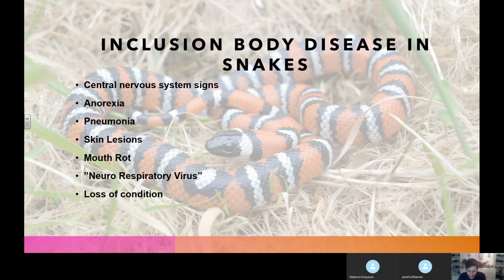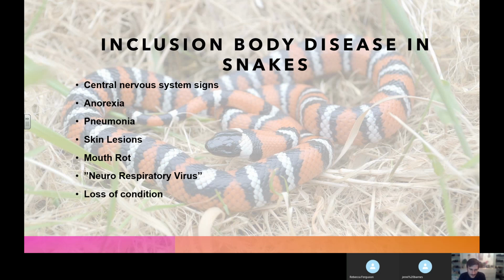And a lot of people forget that a lot of these viruses can be implicated in RIs. So they'll spend months and months treating with nebulization, sometimes giving some antibiotics. But actually the problem is that this snake does have an underlying virus, and it's probably not something that we're going to be able to cure. And for as long as you keep that snake going, you're potentially causing a prolonged illness, really.